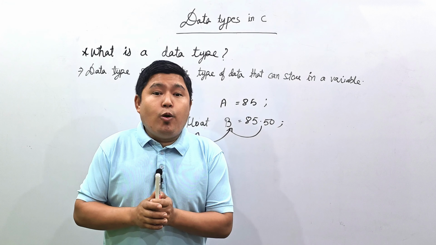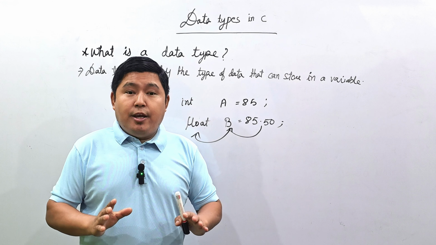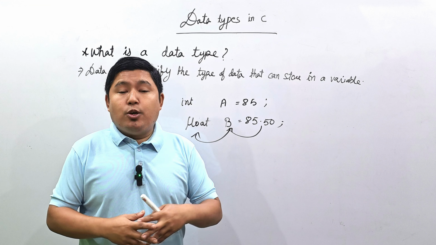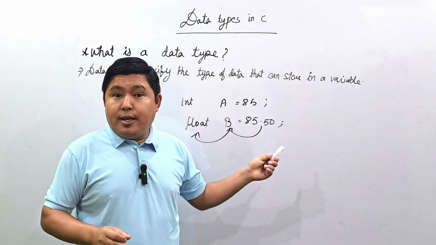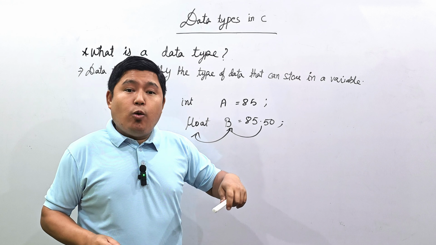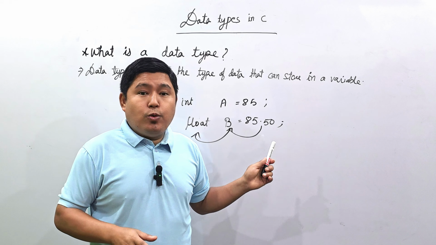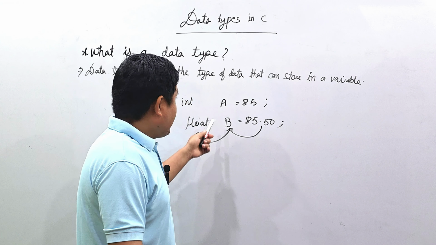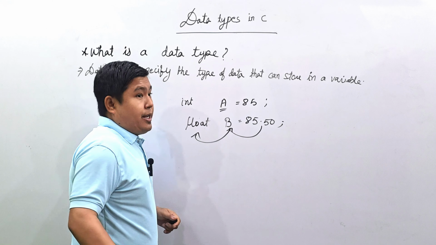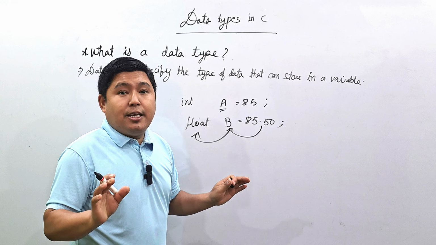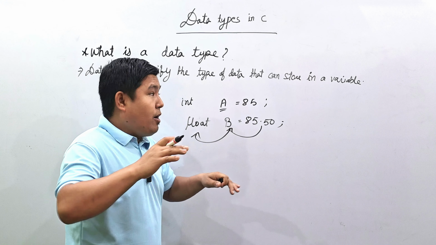One more important thing: if you are a student with a computer subject in your college or university, then they mostly ask what are variables and data types. Variable was already discussed in my previous video, but I will tell you once more. A variable is nothing, just a name that stores a value.